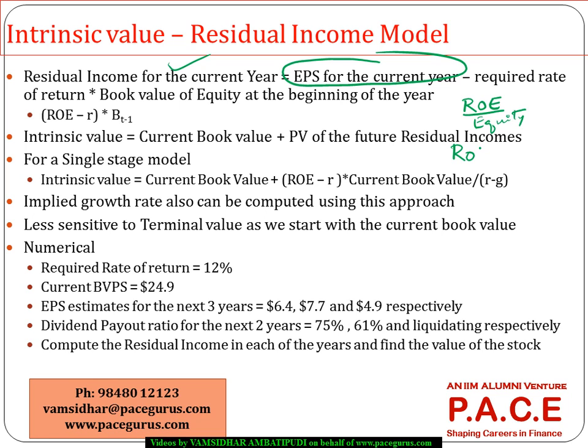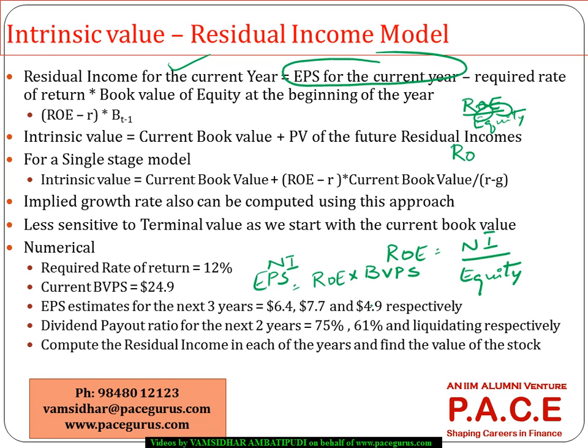See, ROE is nothing but net income by equity capital, and what we are saying now is net income is nothing but ROE times the equity capital. Equity capital is nothing but book value, and when I say EPS, I can very well write it as ROE times BVPS.